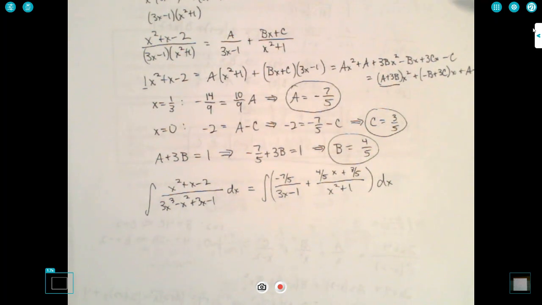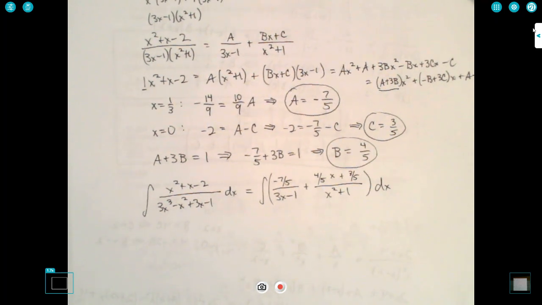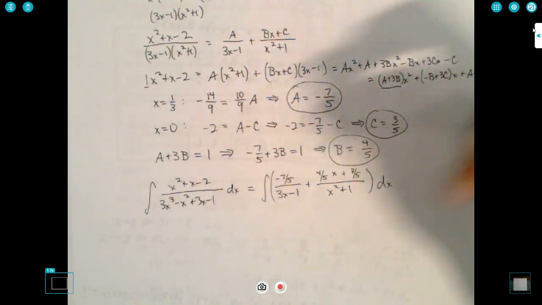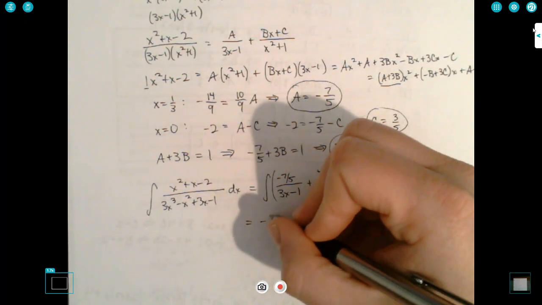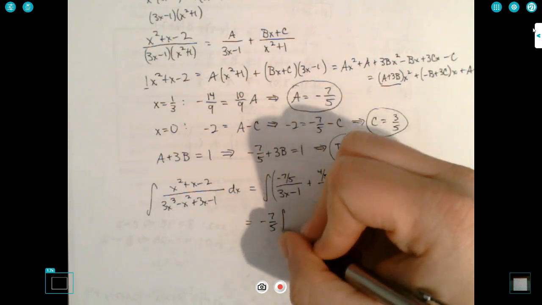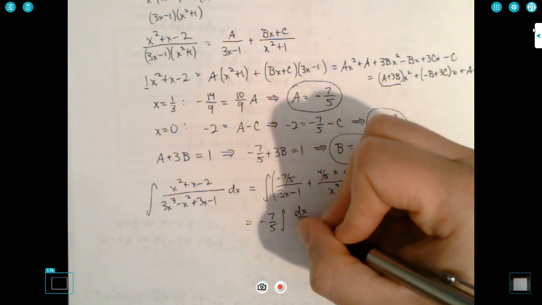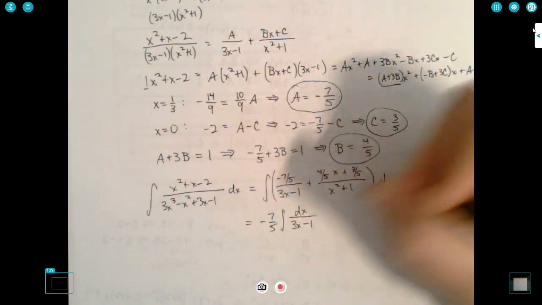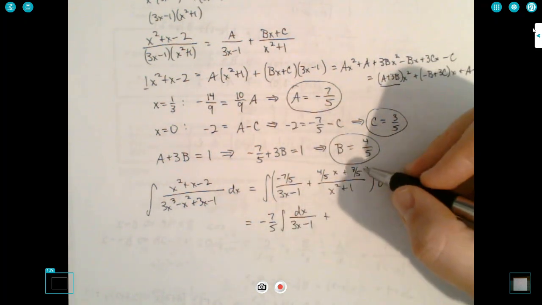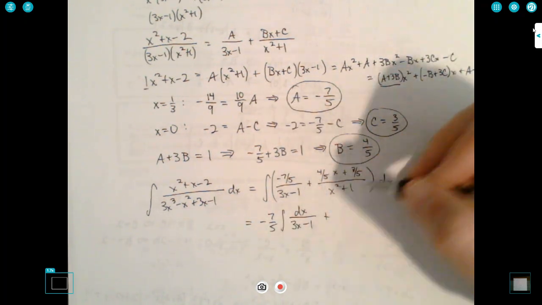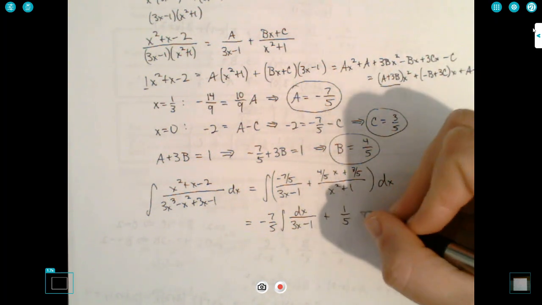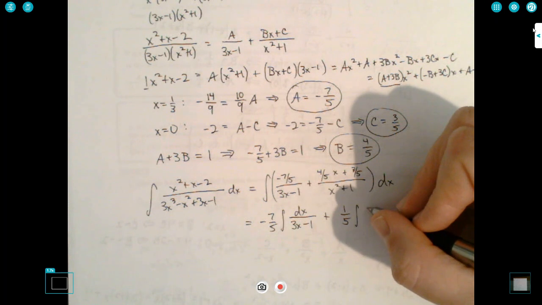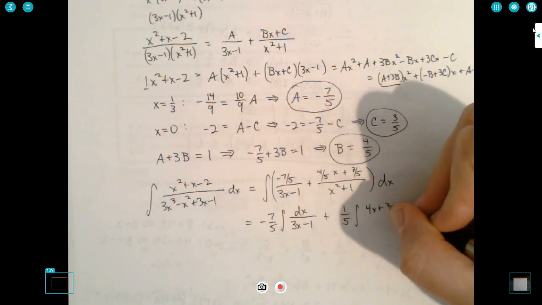Okay. So I'm kind of like, should I even finish this? Well, let's do it. This is kind of interesting. I think I can factor out 1/5. And then I'll call this 4x plus 3.